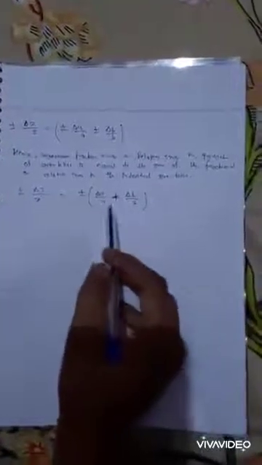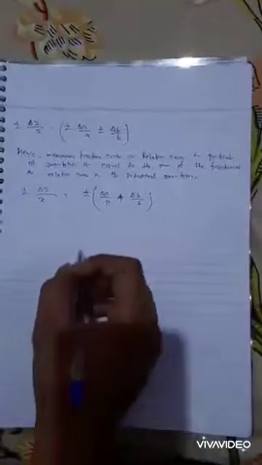That means to say that the relative error is always added. We have to always add the relative error to get our final answer.